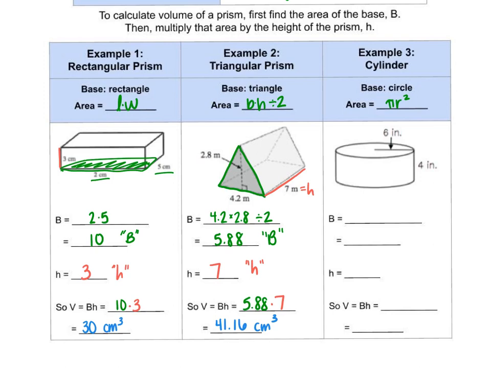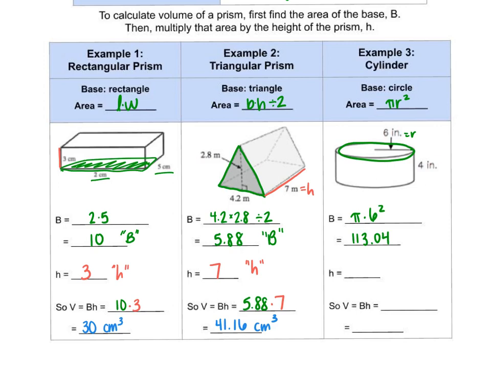So I'm going to start off the same way. I need to find the area of that base shape, and here I have a base circle. So the area of that is going to come from pi times 6 squared, because that 6 is my radius. We'll need to do some rounding for this. I'm going to use 3.14 for pi, and the area of that circle would be 113.04. Okay.